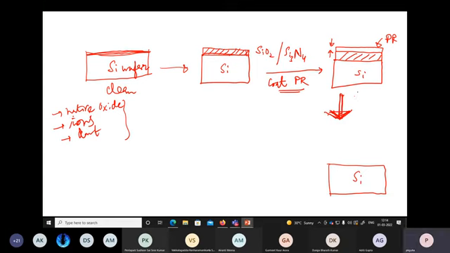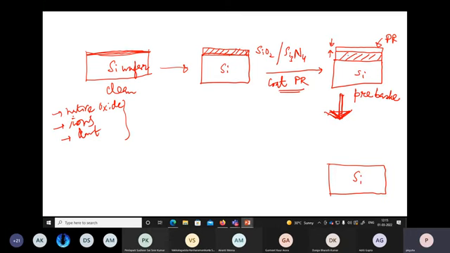This is pre-baking, at around 90 degrees centigrade or so. You bake this substrate so that the resist will stick properly on this SiO2 surface.